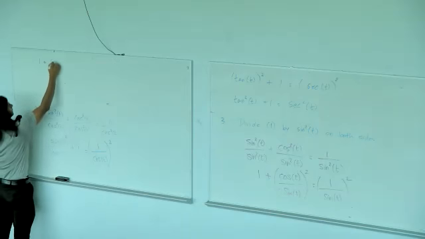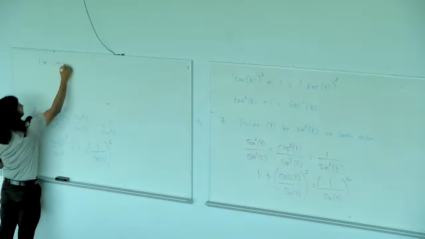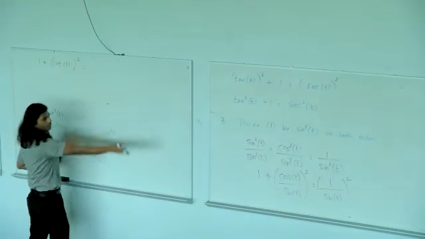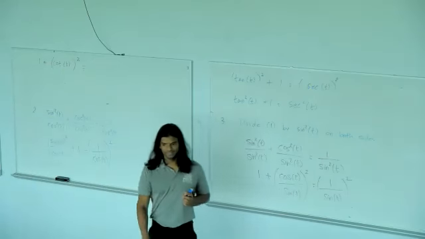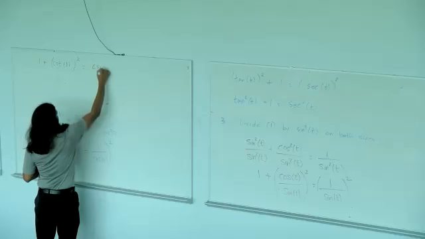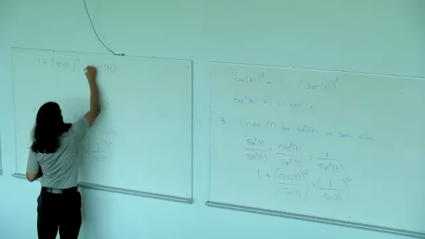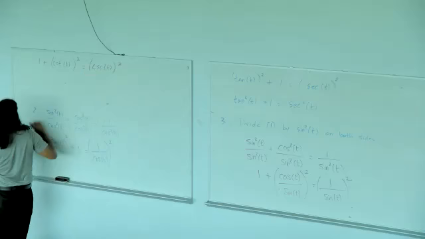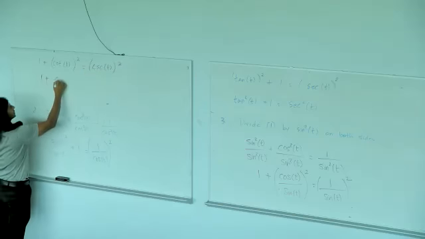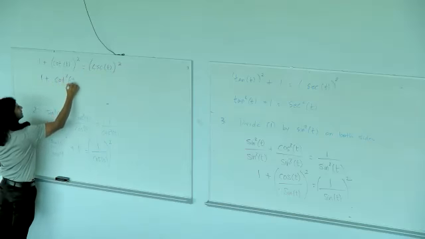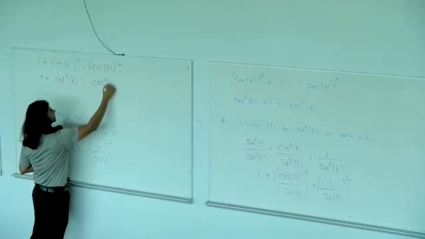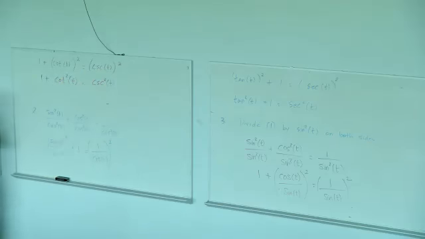So 1 plus cotangent squared t equals, what is 1 over sine t? Cosecant. I can write this as 1 over sine squared t, equals cosecant squared t. Good.